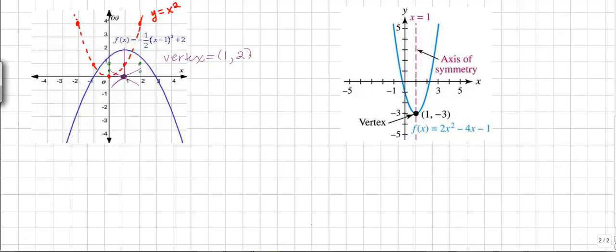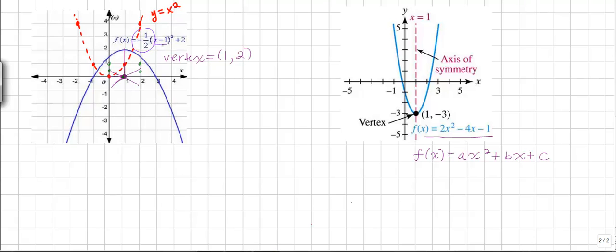Now the question is, what happens when you have a formula for the parabola that's in general form, such as this one, where it's not all nice and collected for graphing techniques? So when you have something like ax squared plus bx plus c, what do we do? Now here's something that's consistent.